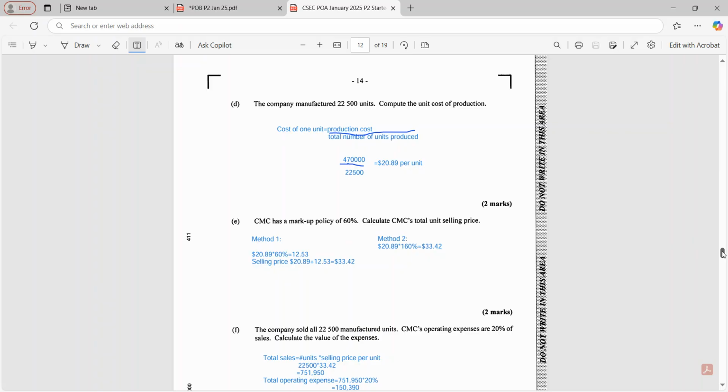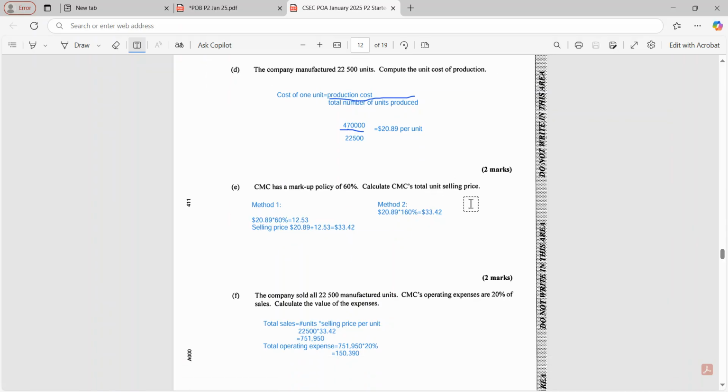And then CMC has a markup policy of 60%. We're supposed to calculate CMC's total unit selling price. There's two methods that I placed here for you to use. You can either use method 1, where you multiply 60% by $20.89, which will give you your profit. And then you're going to add your profit with your cost, and that will give you $33.42, which is your selling price.